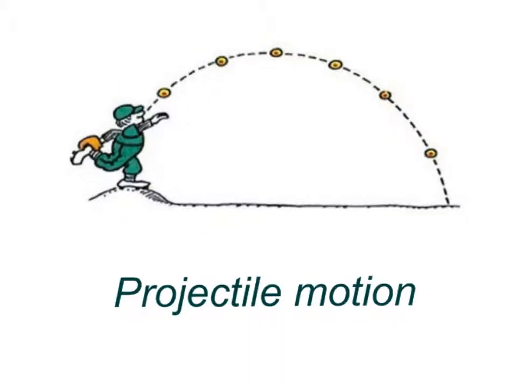Now let's take a look at what happens to the mechanical energy during projectile motion. When that pitcher first throws the ball, it has a lot of kinetic energy, very little potential energy yet. As that ball travels to the top of its trajectory, it is going to begin to go a little bit slower in the vertical direction.